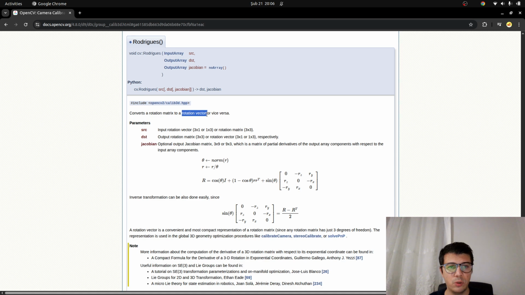But rotation vector is mostly used for estimation and optimization kinds of problems. So these two have different areas to be used, but in principle they are the same.